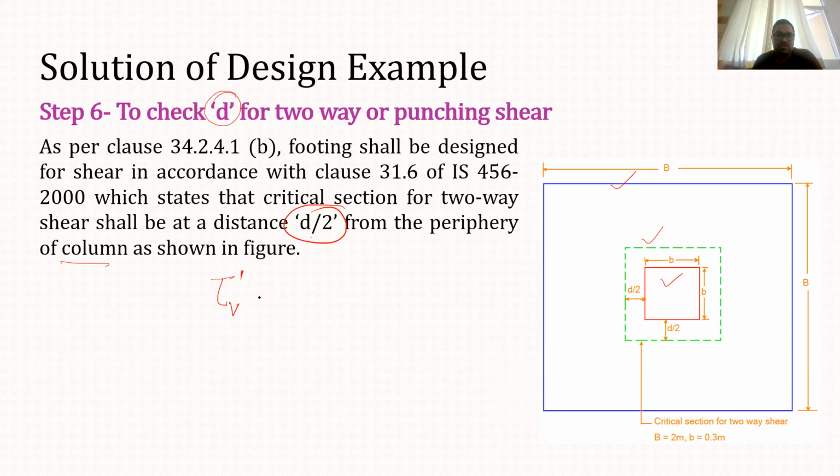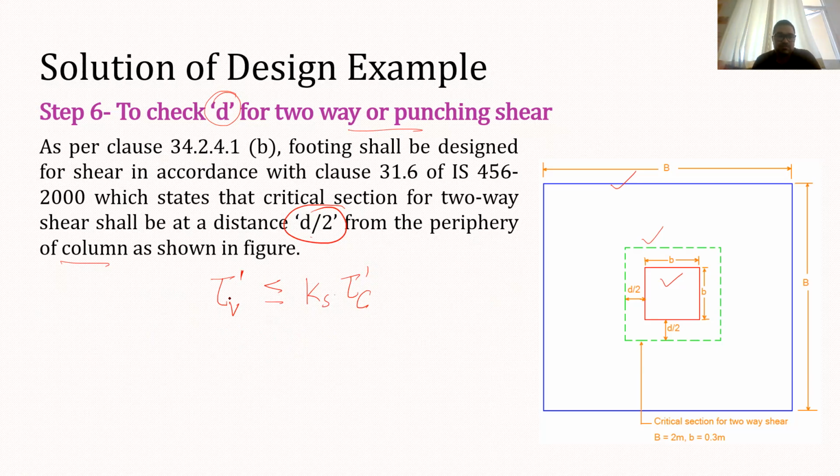So tau v dash in this case should be less than or equal to the permissible punching shear strength of the concrete, which is Ks into tau c dash. So here K becomes Ks, tau c becomes tau c dash for two-way shear. And their calculation is also different from one-way shear because in this we calculate it differently.